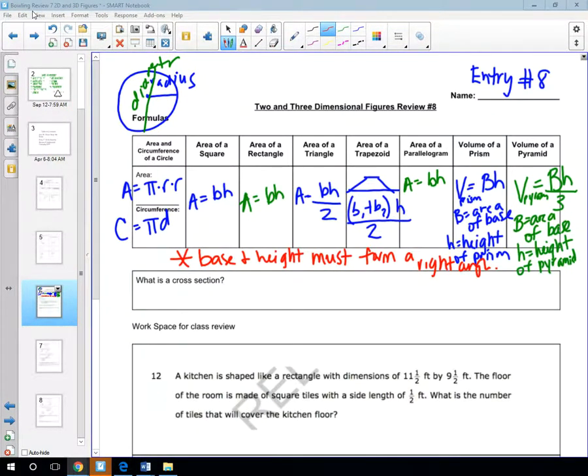Okay? Next, when we talked about 3D figures, we talked about something called a cross section. And that's when we got to play with Play-Doh. You remember we made those 3D shapes and then we sliced it with our very scientific mathematical slicing device. And we looked at the shape on the inside. And that 2D shape on the inside was our cross section.